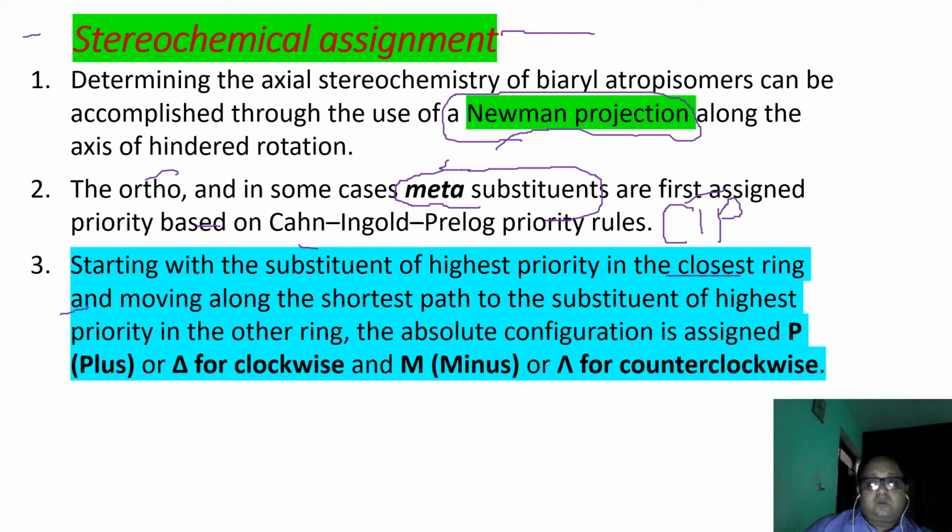So there are 2 rings in biphenyl. One nucleus or one ring is closest to the viewer. So we consider the substituent of the highest priority in that nucleus, and we move towards the substituent of the highest priority in the other ring.